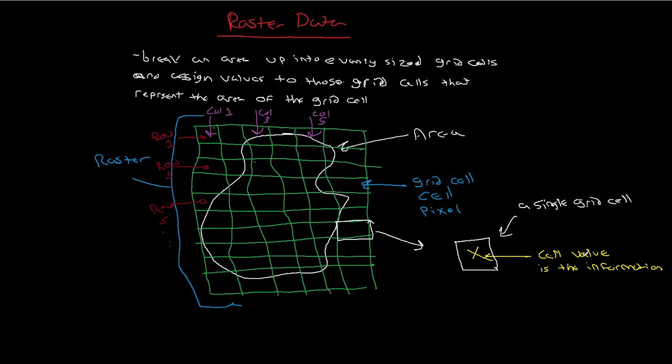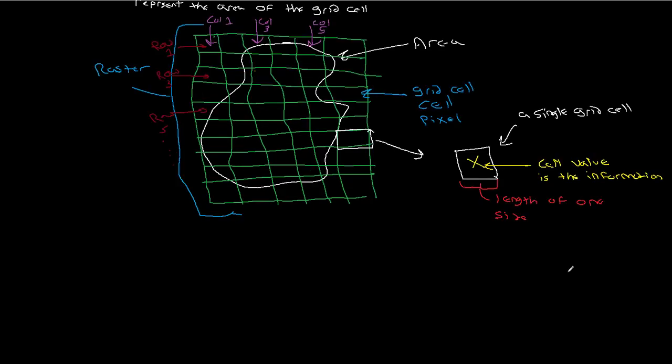It's a number. And so the second piece that we need to be aware of is the length of one of these sides. The length of one side is referred to as the cell size, or more often in readings, you'll see it referred to as spatial resolution.